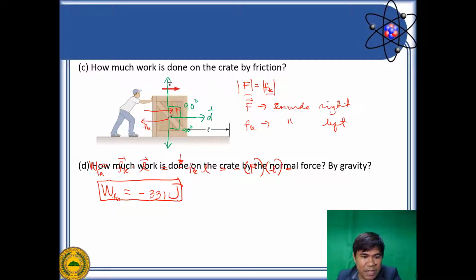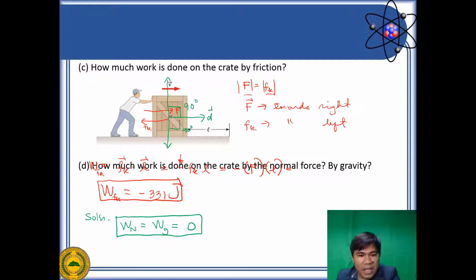So the solution for letter D is that the work done by the normal force and the work done by gravity is just equal to 0. Again, the reason why the work done is 0 is because the angle between the force and the displacement is equal to 90 degrees.